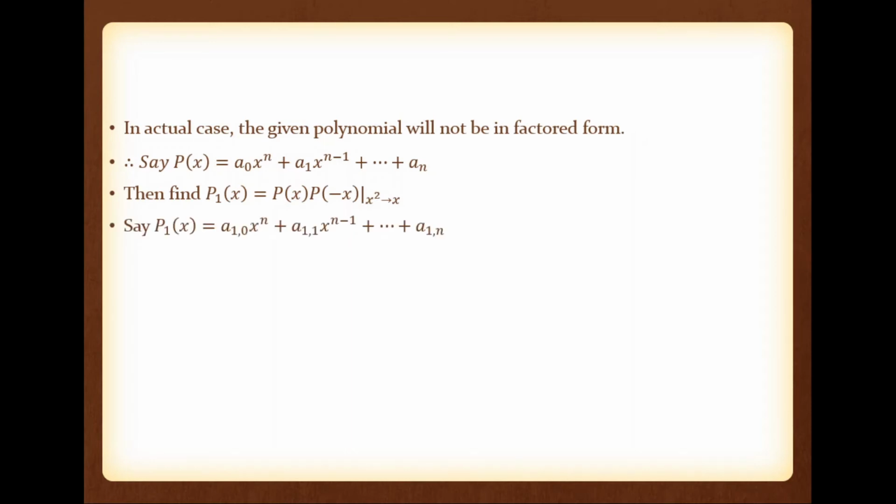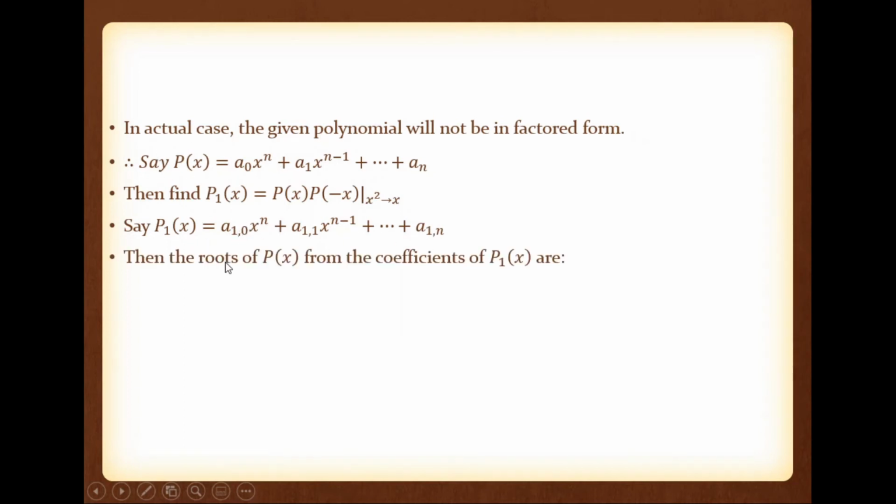Okay, so I told you, say p1 of x is equal to a1,0 x raised to n plus a1,1 x raised to n minus 1 plus etc. plus a1,n. This 1 corresponds to the first transformation, that is p1. Then this 0, second one, second and etc. corresponding to the coefficients of x raised to n to x raised to 0 respectively. So by using these coefficients we can find the roots of the original polynomial.